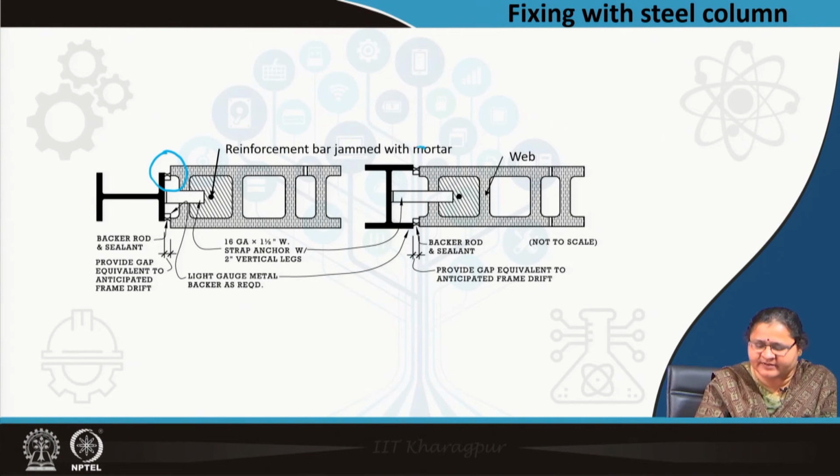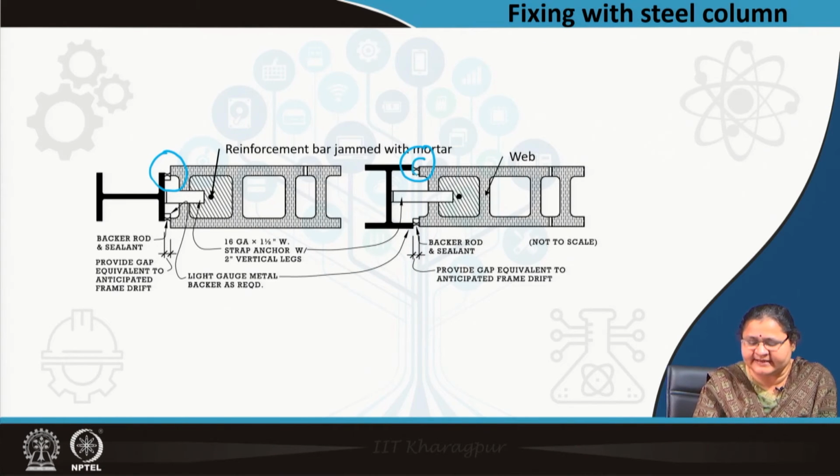Here also the same thing. Here the I section is in the direction of the wall, here the I section is a bit rotated, at 90 degrees. So, here there is a chance it will come and match, it can even get inside, depending on the structural design. But if it is not setting inside, you have to seal this point.